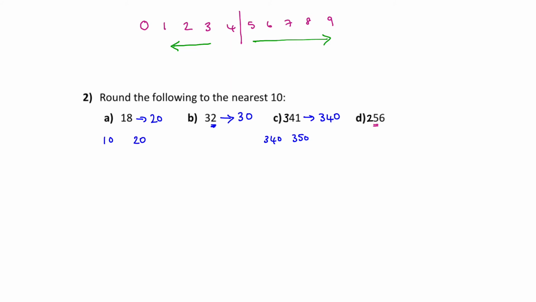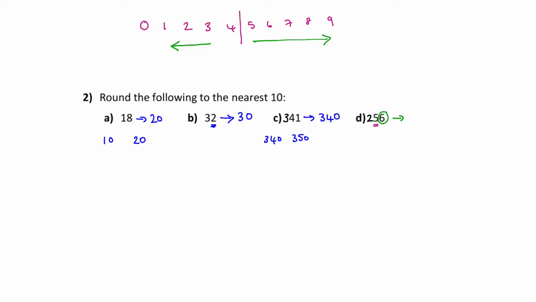When we're rounding to the nearest 10, that's the digit that we're deciding: does it stay as it is, in which case the answer would be 250, or do we move it up one, making it 260? And it's the number on the end, the 6, that tells us whether we leave the 5 as it is or move it up to a 6. So because 6 is in this set of numbers, it tells us to round up. So we change the 5 up 1 to make it a 6.